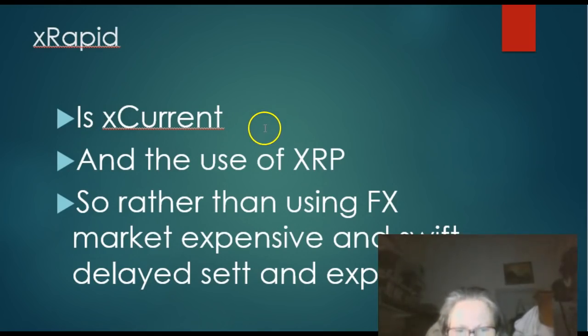xRapid is xCurrent and the use of XRP, okay? The use of XRP and xCurrent. Now, when a client uses this system, according to Ripple, it takes 3 seconds. 3 seconds compared to a minimum trade with SWIFT of 2 days.